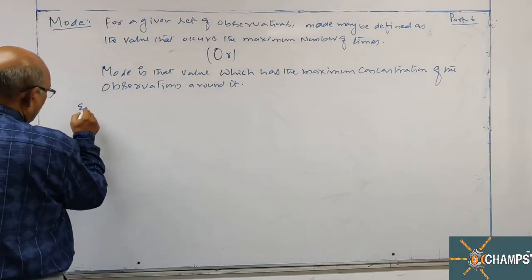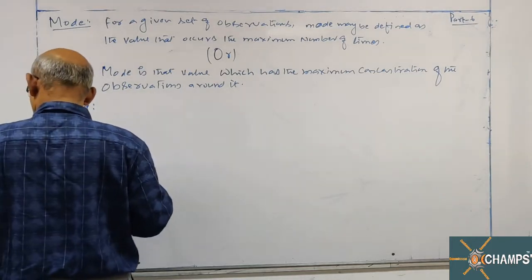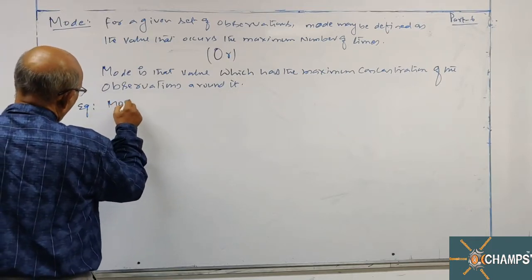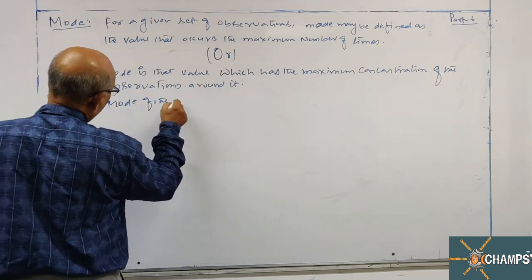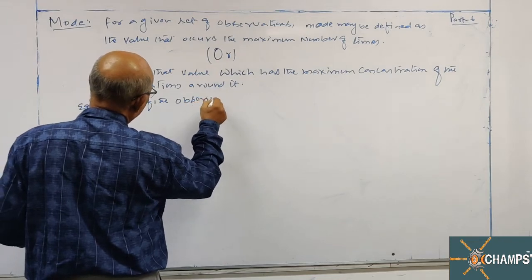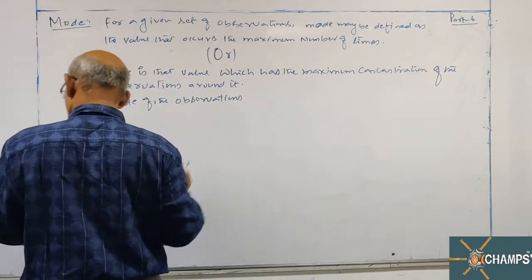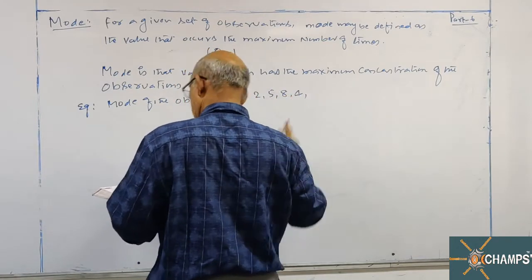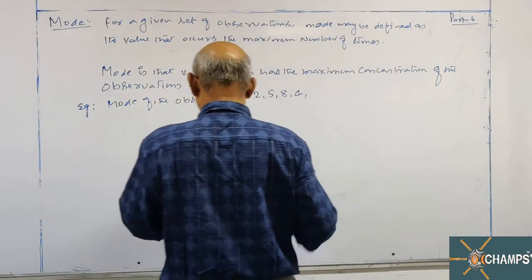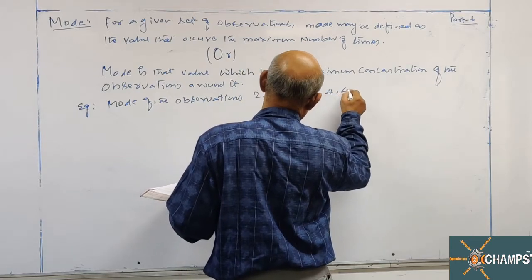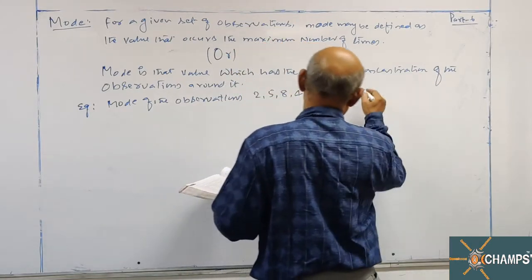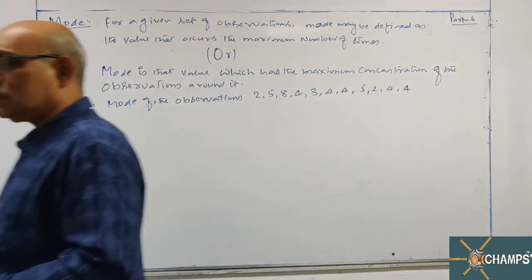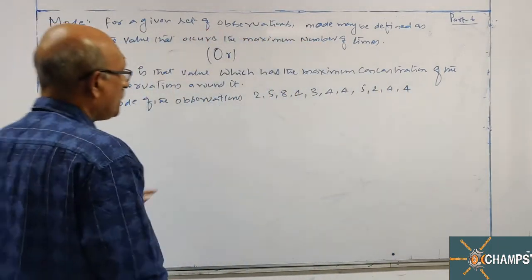Let us see an example. Mode of the observations 2, 5, 8, 4, 3, 4, 4, 5, 2, 4, 4. This way, some observations are given.